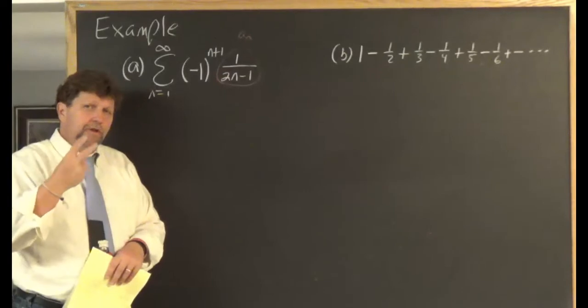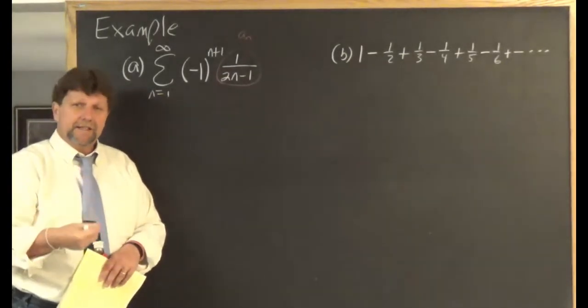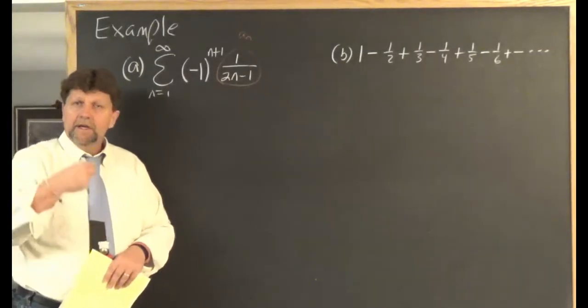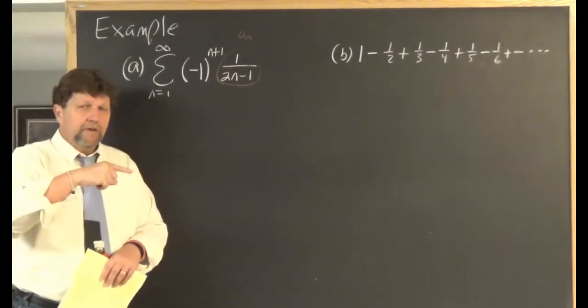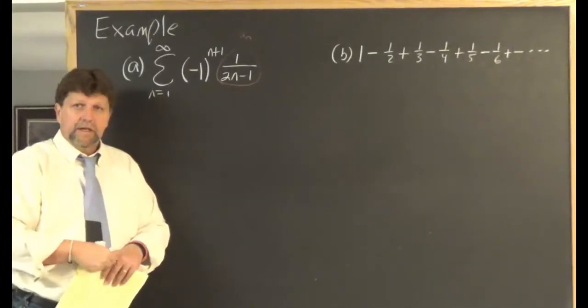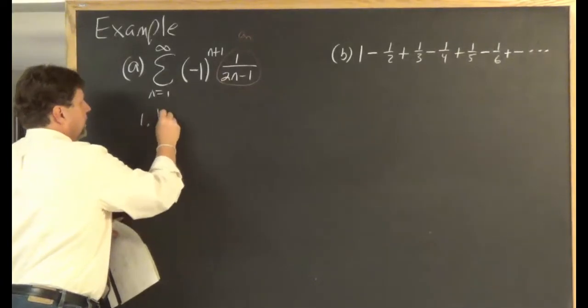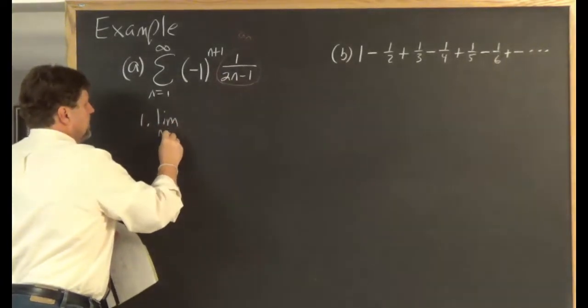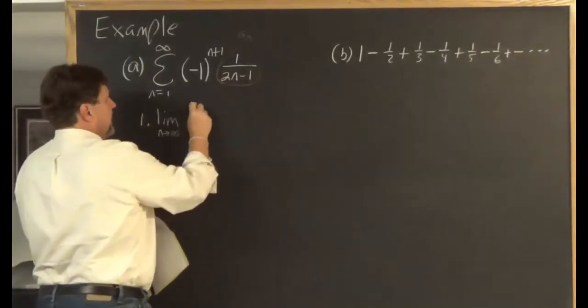Remember, there were 2 conditions that have to be satisfied in order for an alternating series to converge. So we just have to analyze those 2 conditions. Violate any one of those 2 conditions, and it diverges. Here's the first condition: the limit as n goes to infinity of a sub n.